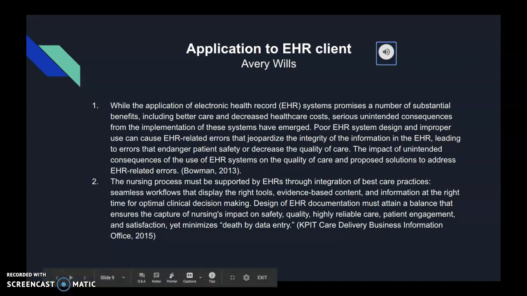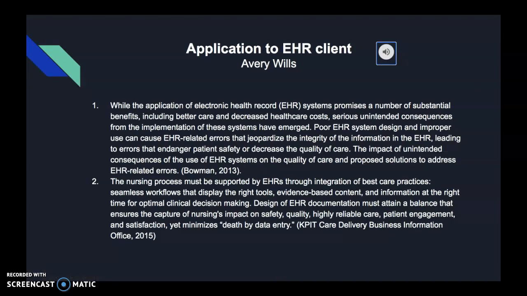Poor EHR system design and improper use can cause EHR-related errors that jeopardize the integrity of the information in the EHR, which leads to errors that then endanger patient safety or decrease the quality of care. The impact of unintended consequences of the use of the EHR systems on the quality of care and promised solutions to address EHR-related errors.